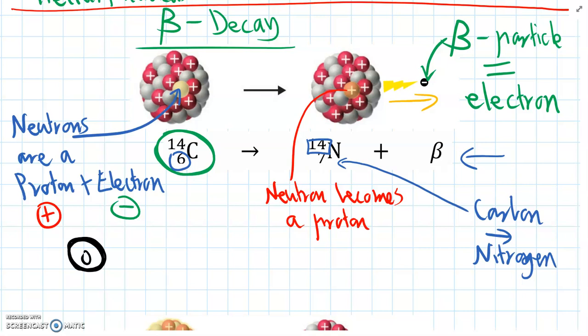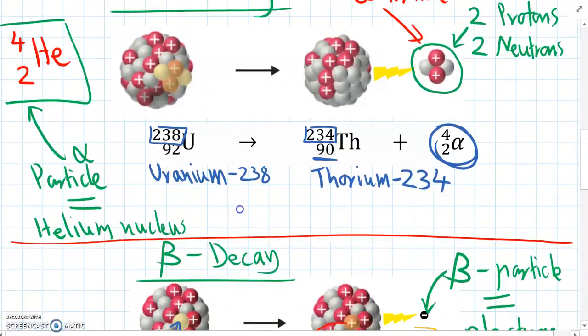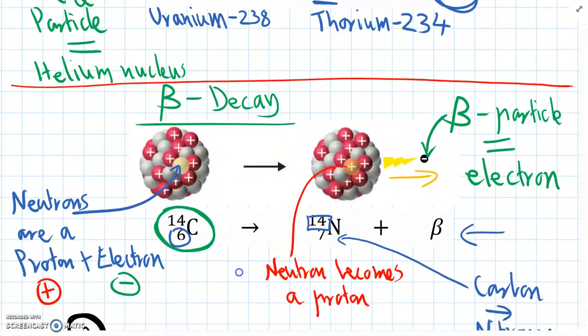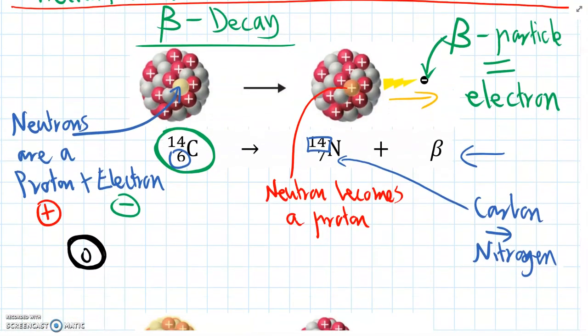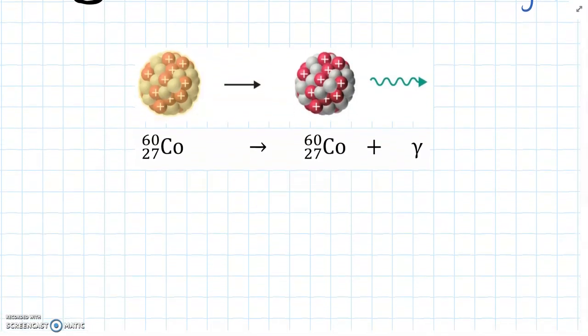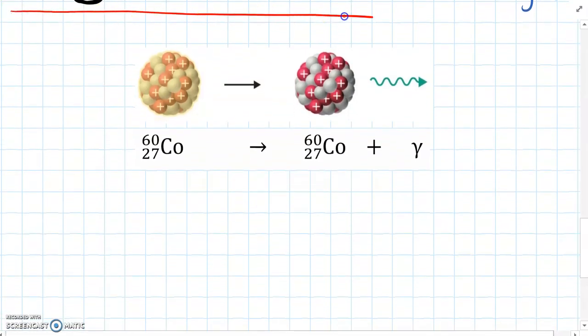Okay, let's keep looking at the types of radiation. So we've already looked at alpha decay, that makes an alpha particle, and we looked at beta decay, that makes a beta particle. The third most common type of radiation is one that doesn't actually make a particle, it releases energy.